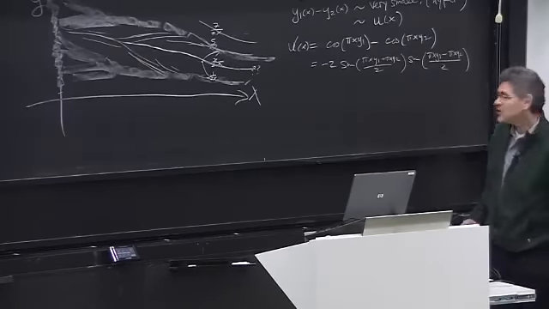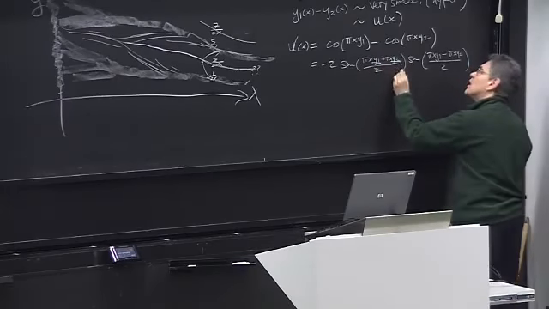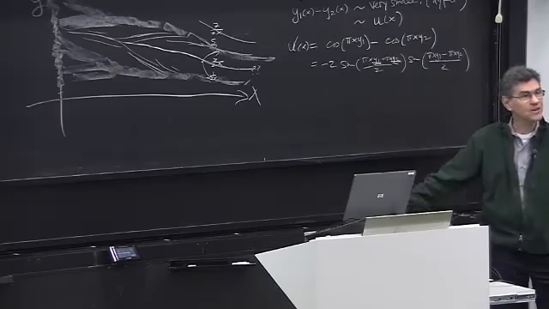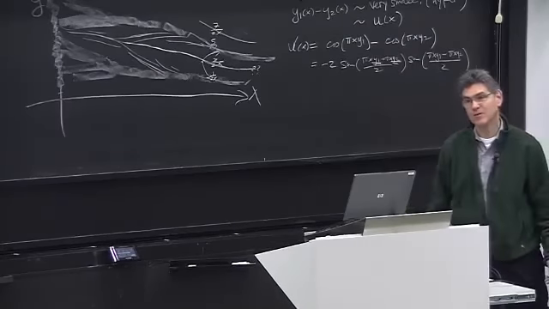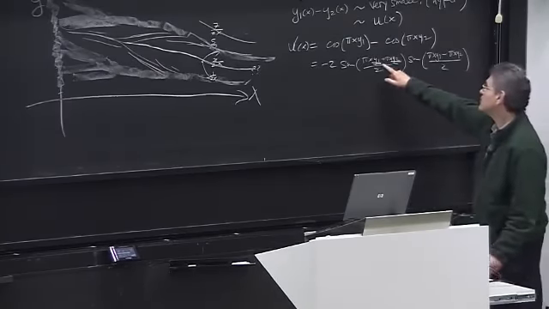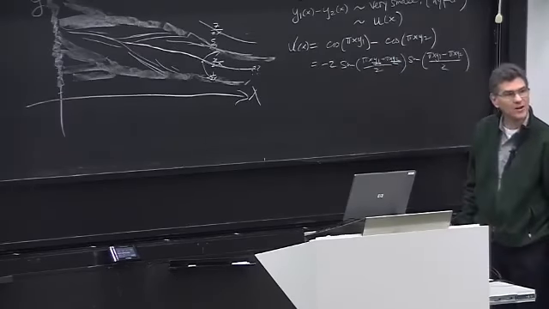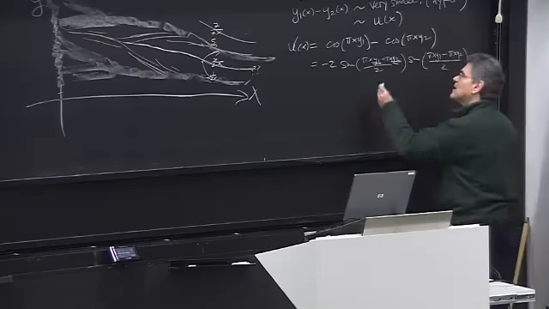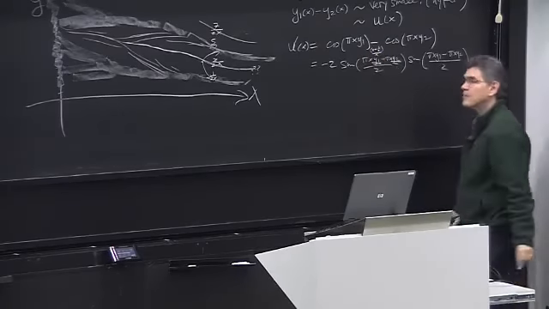Now, for large x, what's the difference between y1 and y2? There isn't any difference. The only difference would be at the hyperasymptotic level. So y1 is the same as y2. And we know how y1 behaves for large x. It behaves like n plus 1/2 over x.